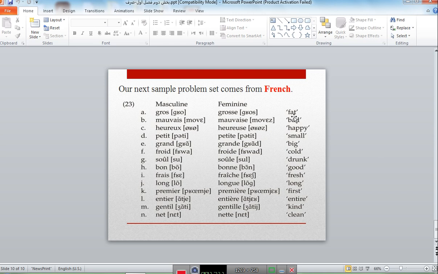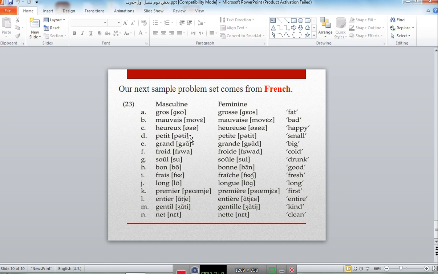There is not. Masculine and feminine adjectives are differentiated by an alternation between, for example, in the first one, empty and the S. You see here, this is the difference. In 23A, empty and Z. You see here in the second one and the third one. Empty and T in number 4.